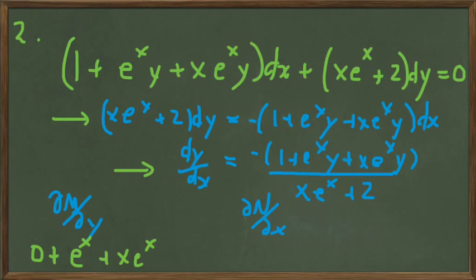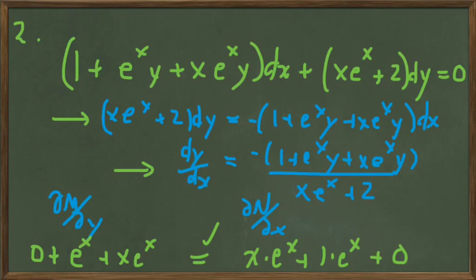And then when we go partial N partial x, we're doing the product rule on this term, and since everything is in the variable x, we get x times e to the x first times the derivative of the second, plus the derivative of the first times the second, plus the derivative of the 2, which is 0, and we see that yes, it is exact.